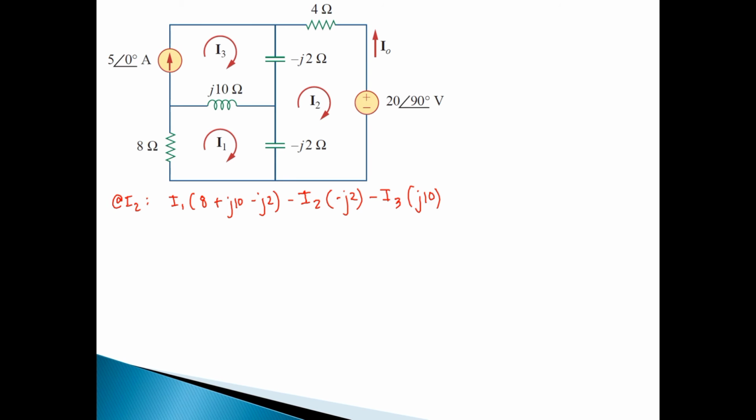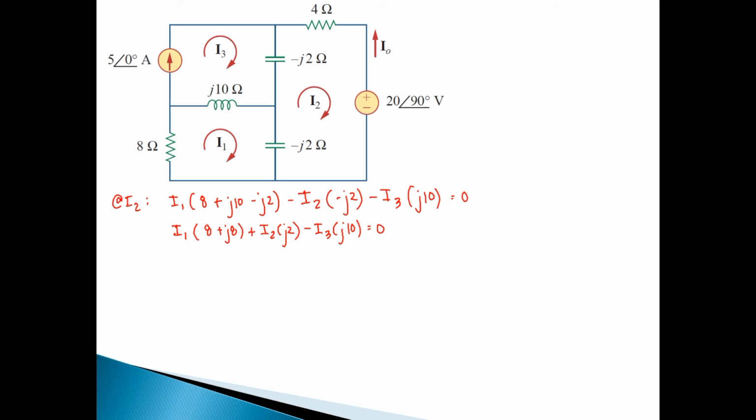Then we don't have any source here, so it is equal to 0. So this is I1 times 8 minus 8 plus j8, plus I2 times j2, minus I3 times j10, equal to 0.